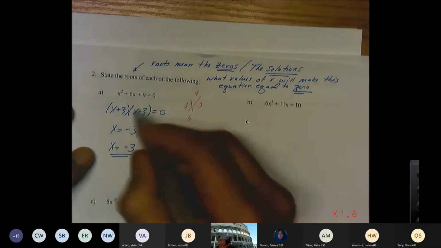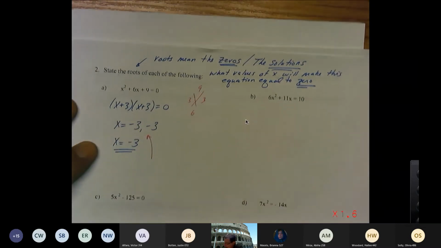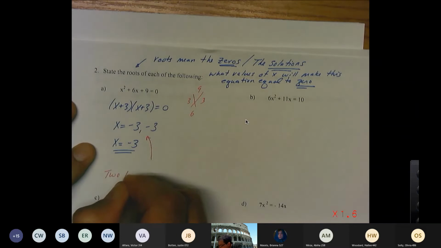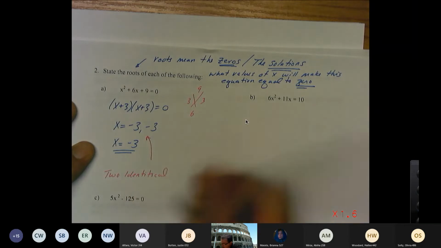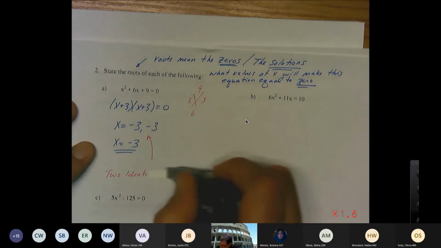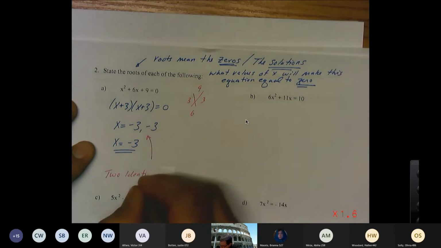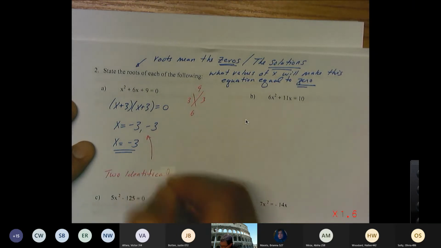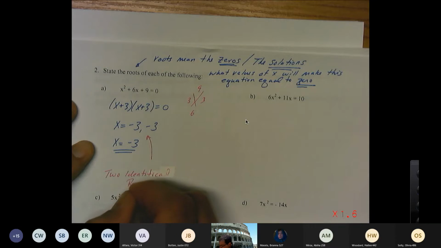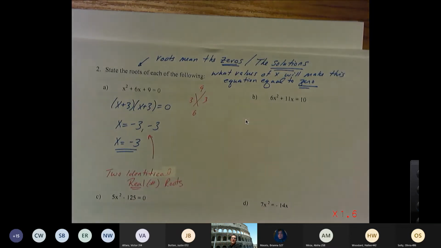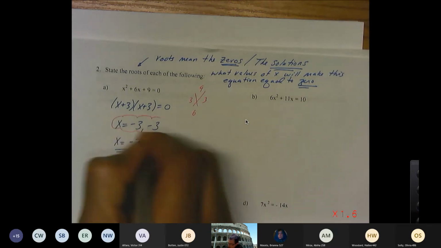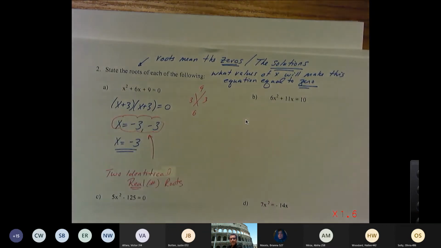But notice that we will say that we have two identical real, as in real numbers, roots. Even though we're going to say the answer is x equals -3, it's understood that there were actually two factors up here.